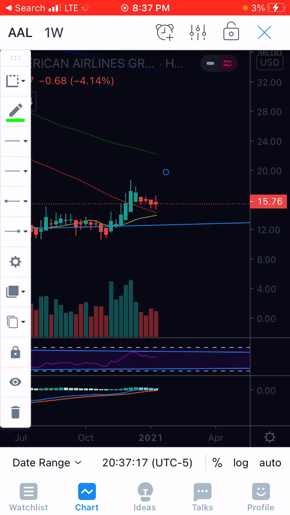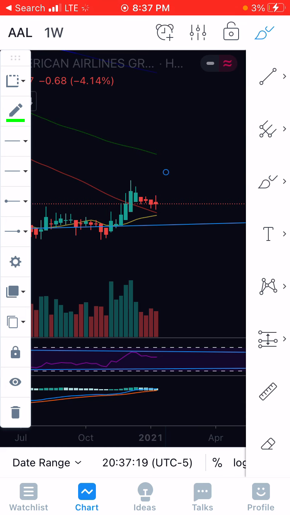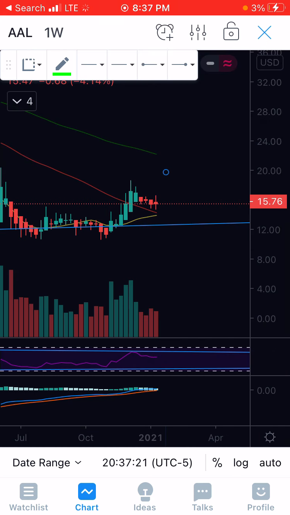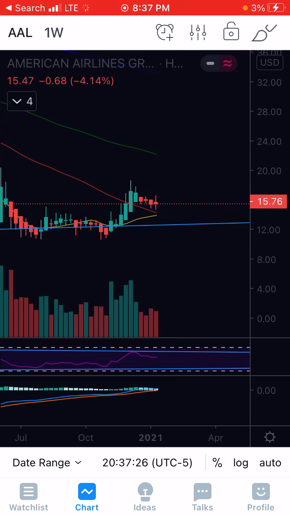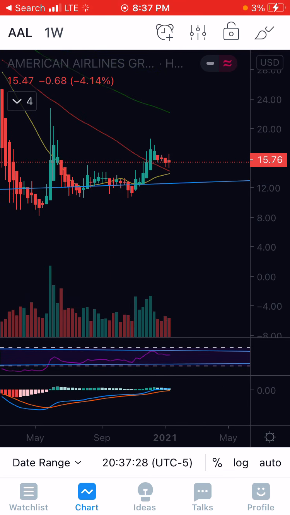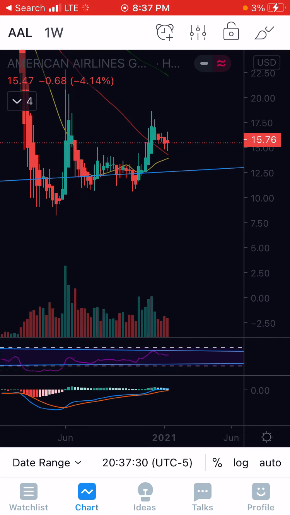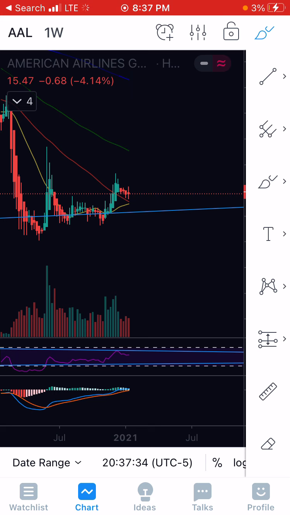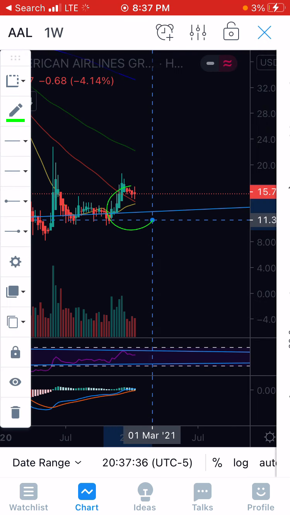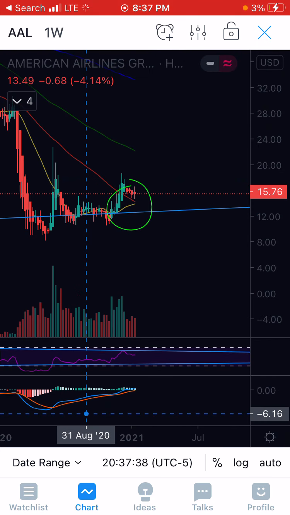So as you see here, this is on a weekly time frame, so it does take a couple of weeks to happen. But you can see this yellow is moving up to cross above the red, which is a great sign that we could be heading up to start a bull market. This specific action right here is called a golden cross.